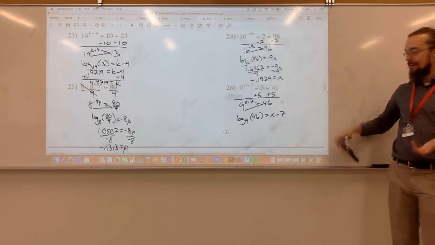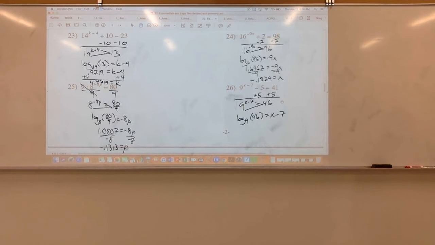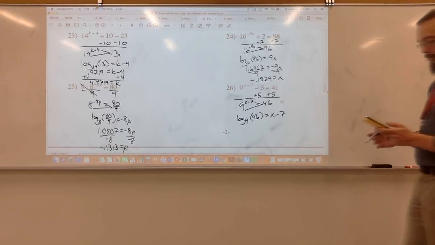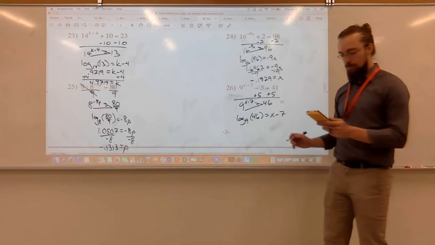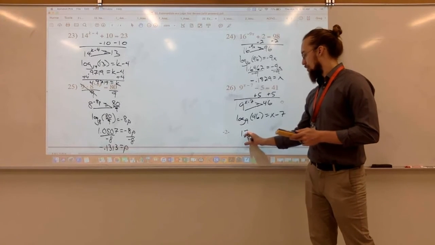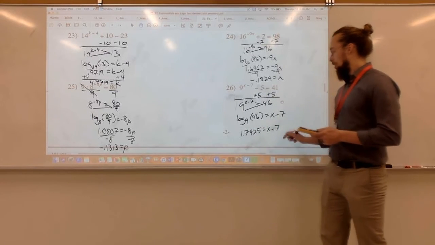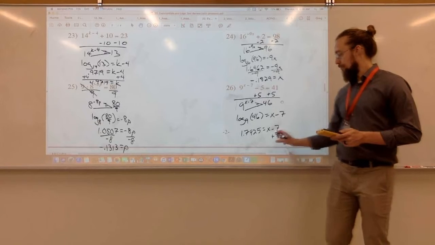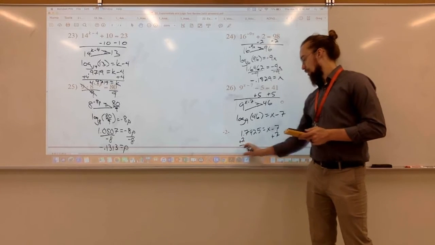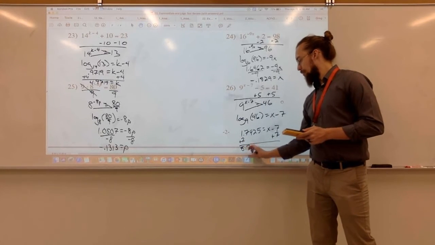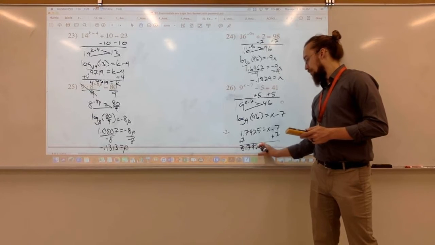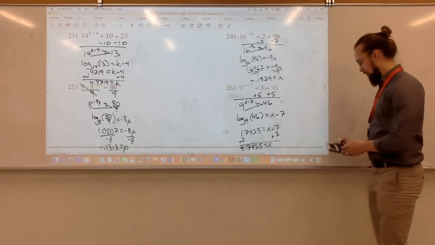Put log base 9 of 46 into the calculator, and we get 1.7425. Then I would just need to add 7 over, and we would get 8.7425 for our final answer.